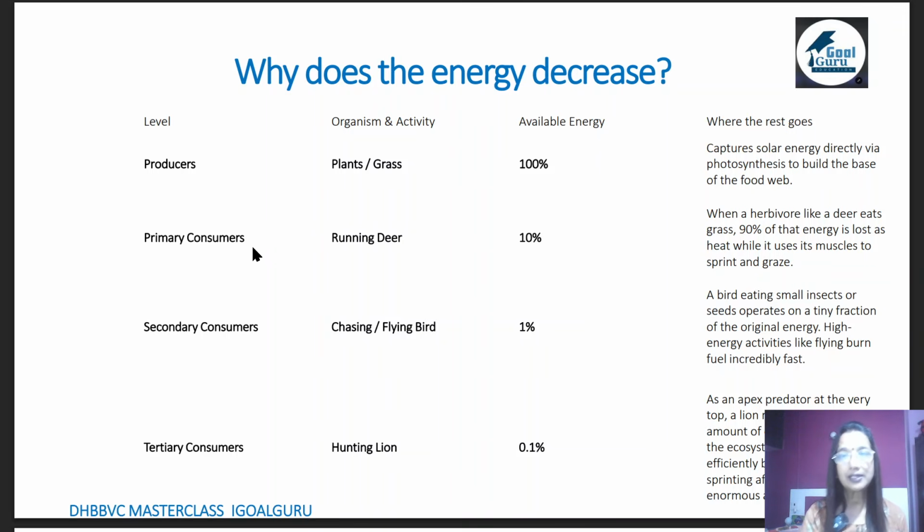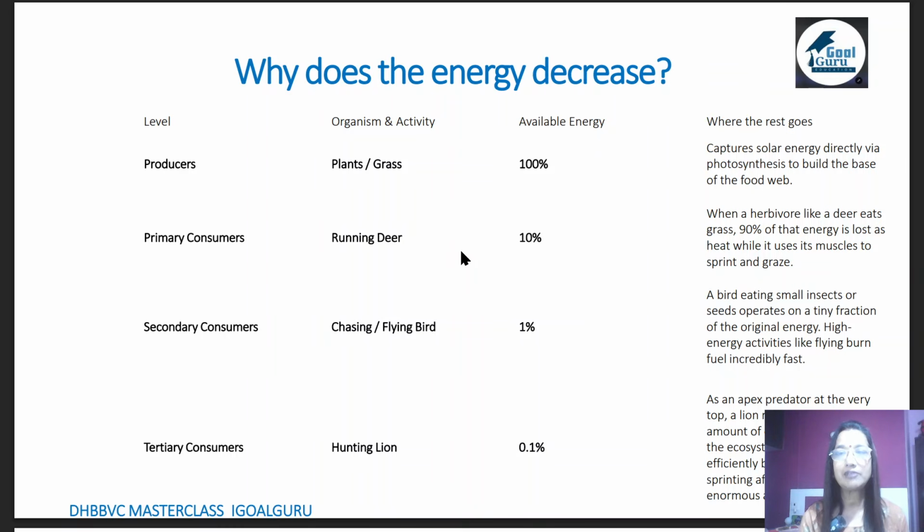The next thing now. I told you according to the pyramid that the energy decreases. Now let us see why only 10% of the energy is reaching the predators. Now let us understand what the 10% law is.